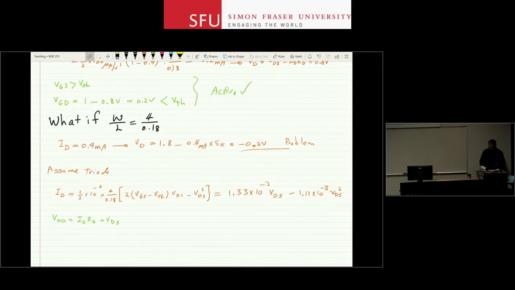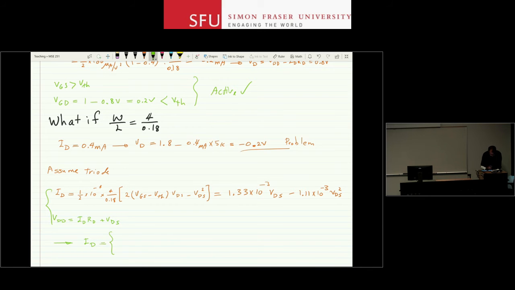And I just have to plug in ID from the top equation into this. So this is a system of equations now, two independent equations. Plug that value in there and solve. And if you do the calculations, what you notice is that ID will have two values.